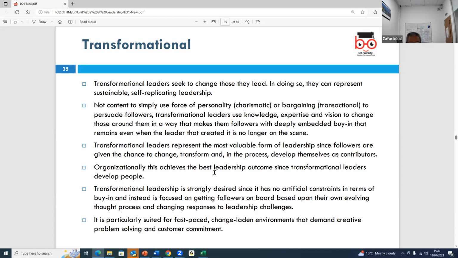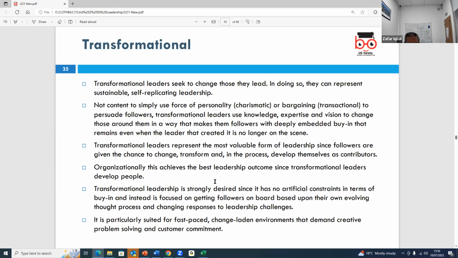They want to transform the circumstances in the sense that they are going through changing responses to their leadership challenges, and they are not content with simply using force, right?